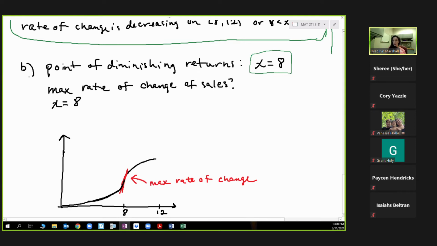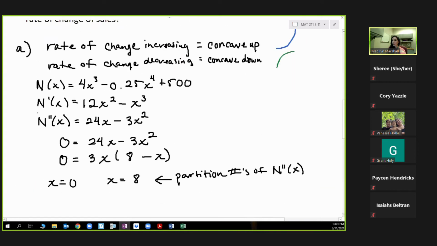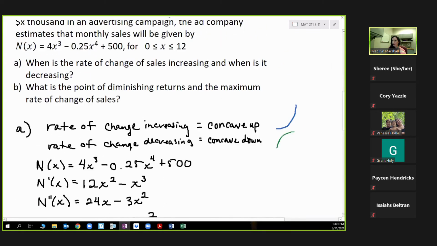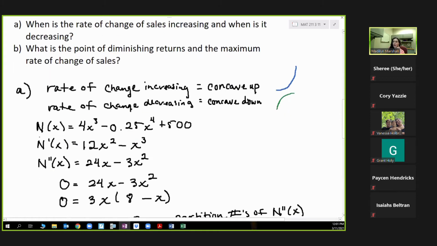I'm going to scroll up for a second. We started with this n that we were given, which is the sales function. In part A, we found the first derivative, and then the second derivative. Of those three, which of them tells us the rate of change of sales?